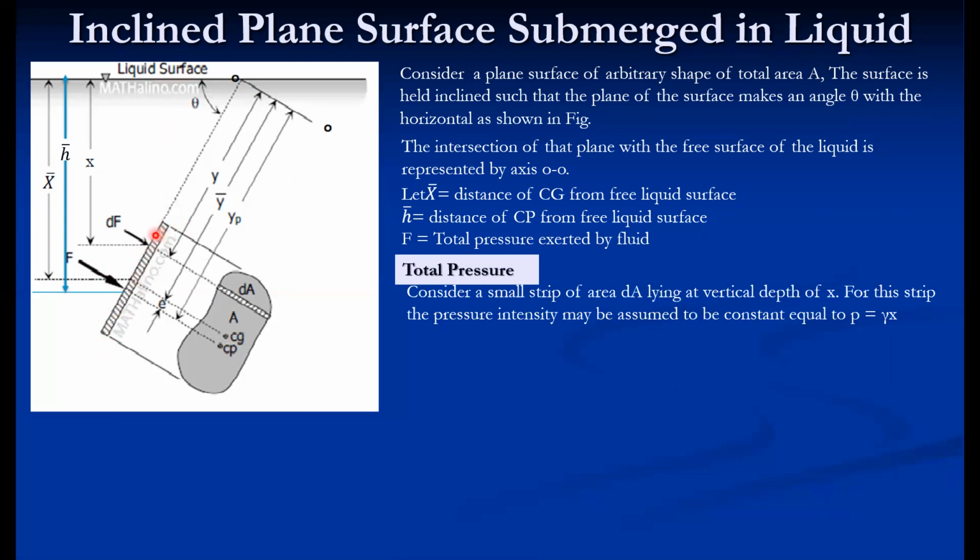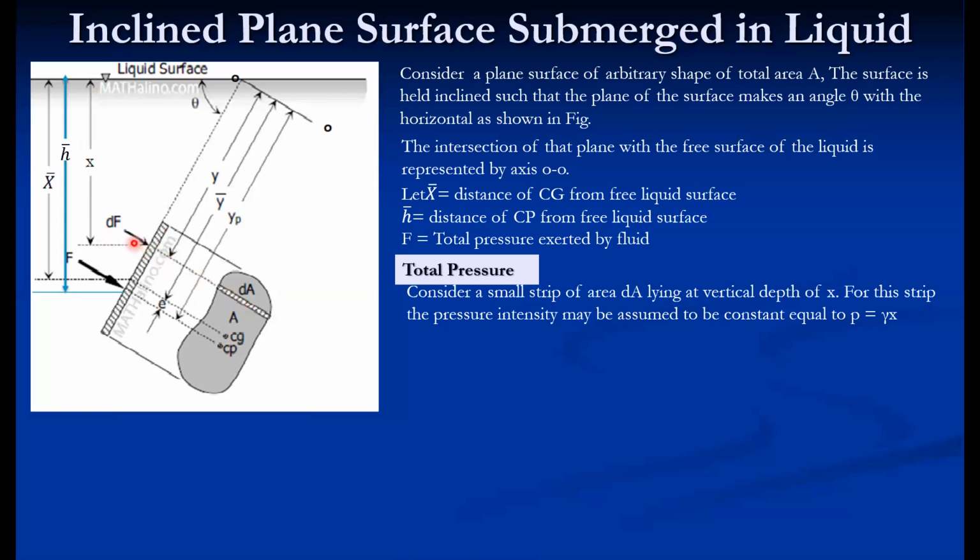Now, under such circumstances, we use the concept of integration. So here we consider a small strip of area dA, which is at a vertical depth, small x, from the free liquid surface. The strip is very small, so that the pressure intensity acting on this particular strip is considered to be uniform.